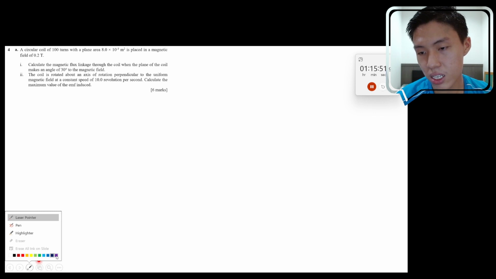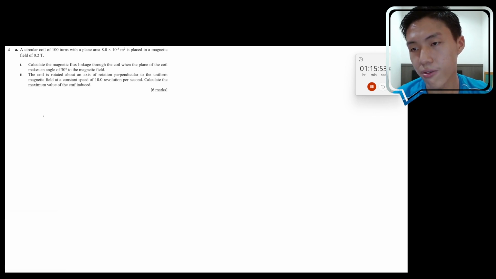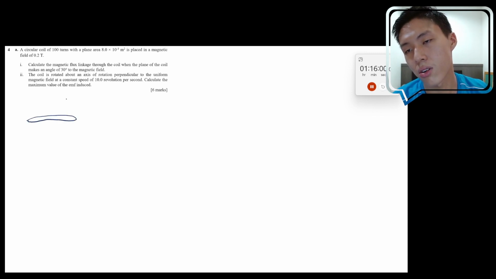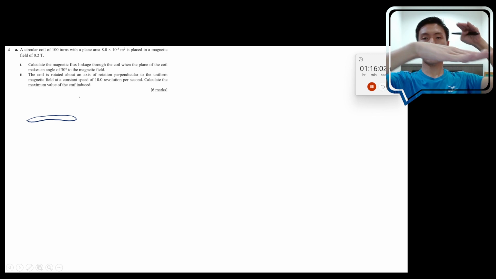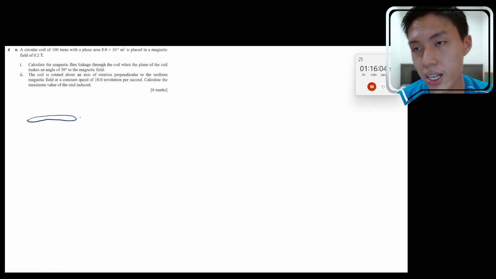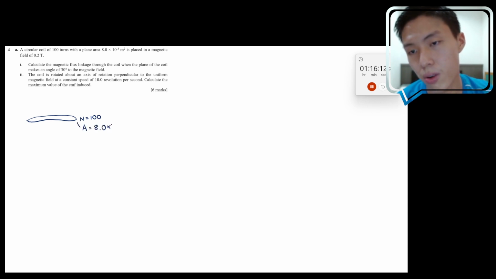That means, if this is my coil, looking at it from this angle, this coil has 100 turns and it has an area of 8.0 times 10 to the power negative 3 meters square, and the magnetic field is 0.2 Tesla, but it makes an angle of 30 degrees to the plane.